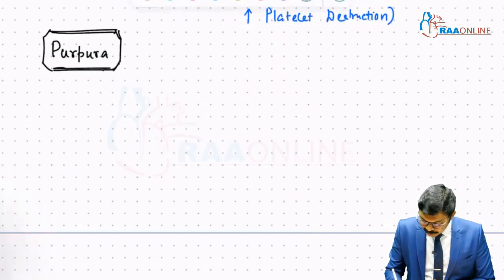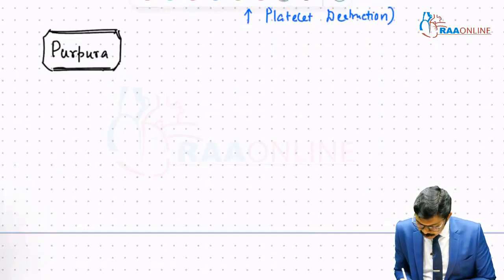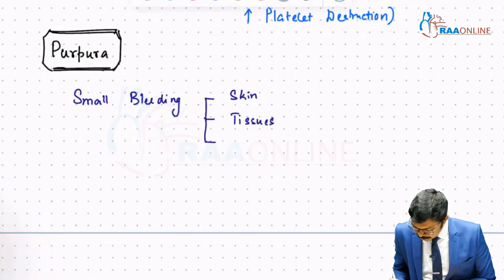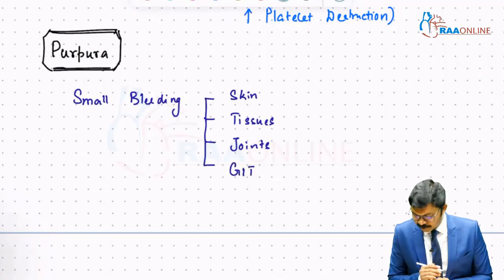Now purpura is nothing but a disorder which is manifested by very small bleeding, and this bleeding is seen in skin, in tissues, in joints and sometimes in the gastrointestinal tract as well.